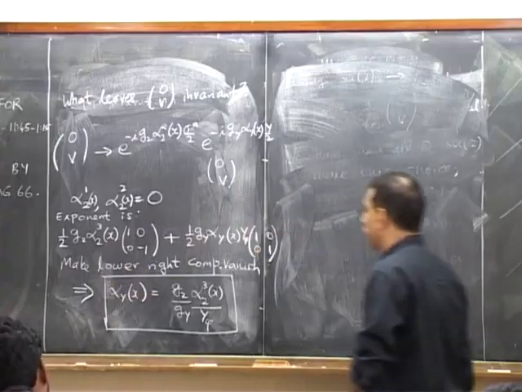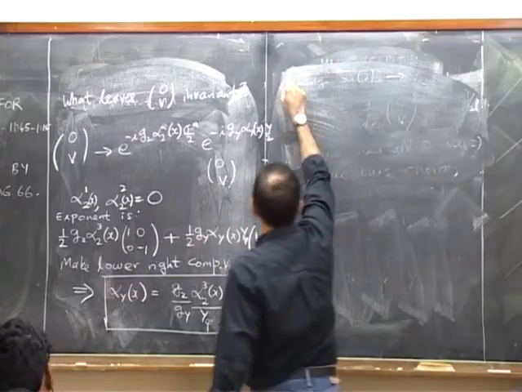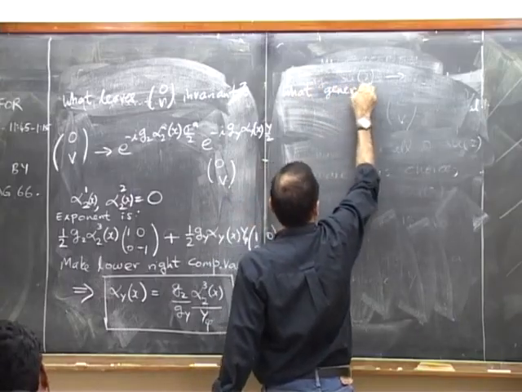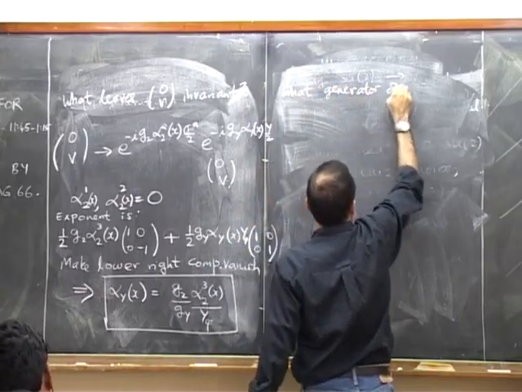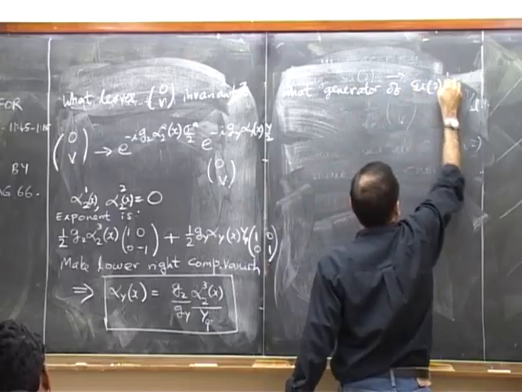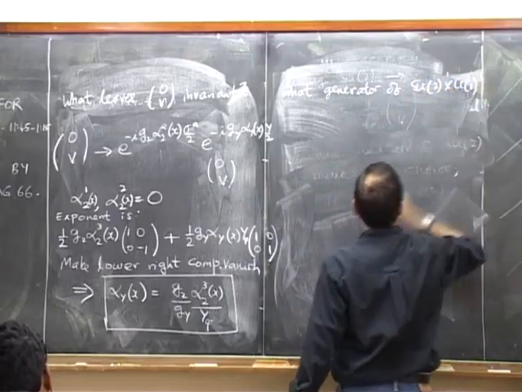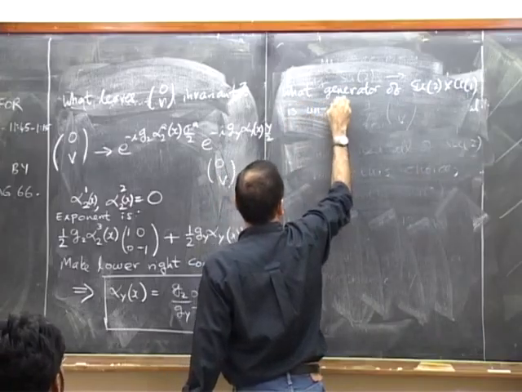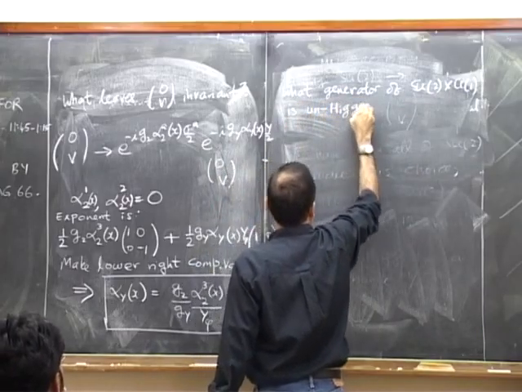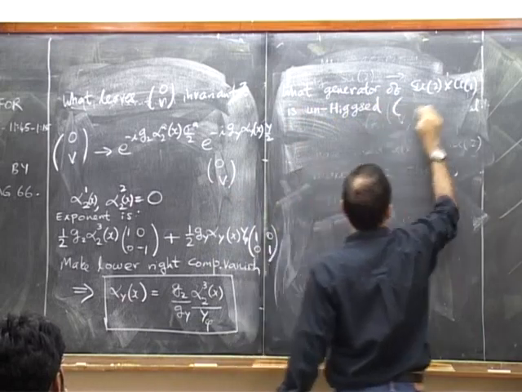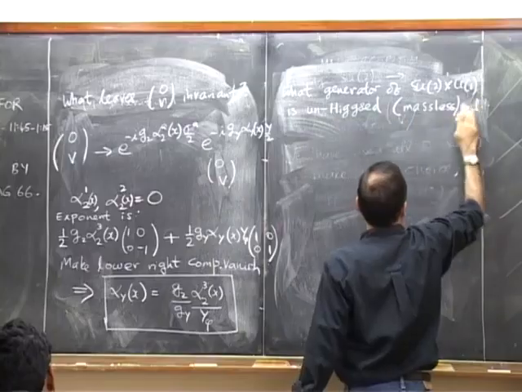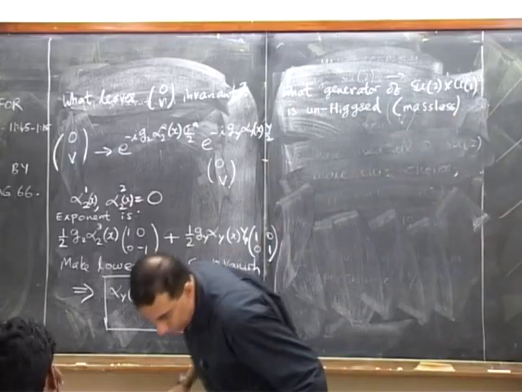And now the question is, what generator of SU2 cross U1 is unhiggsed? As usually people call it unbroken, which is basically seen from the fact that it's massless.